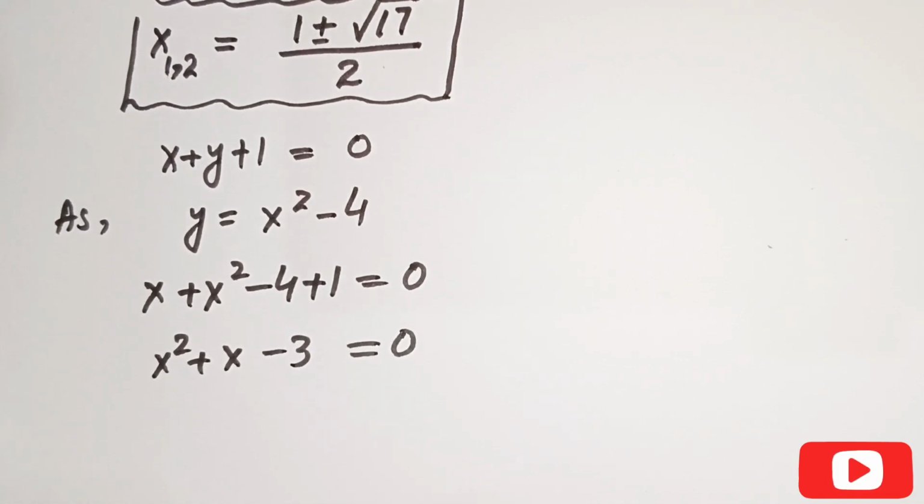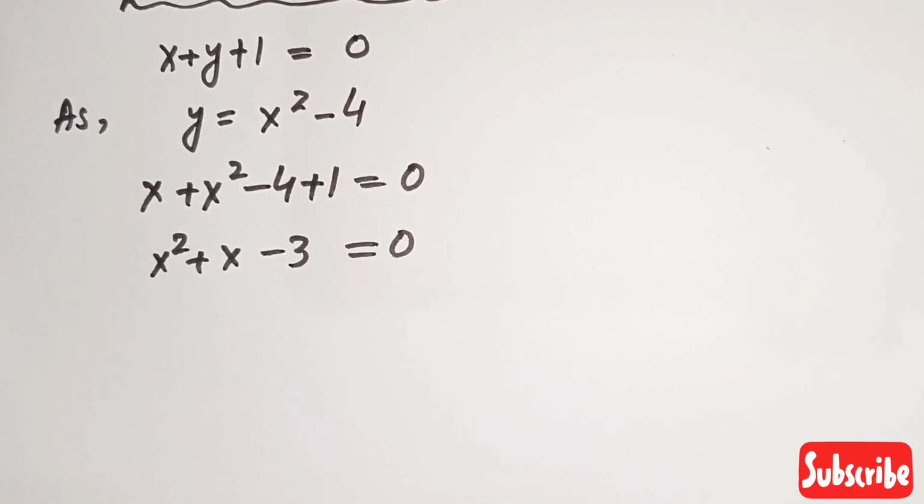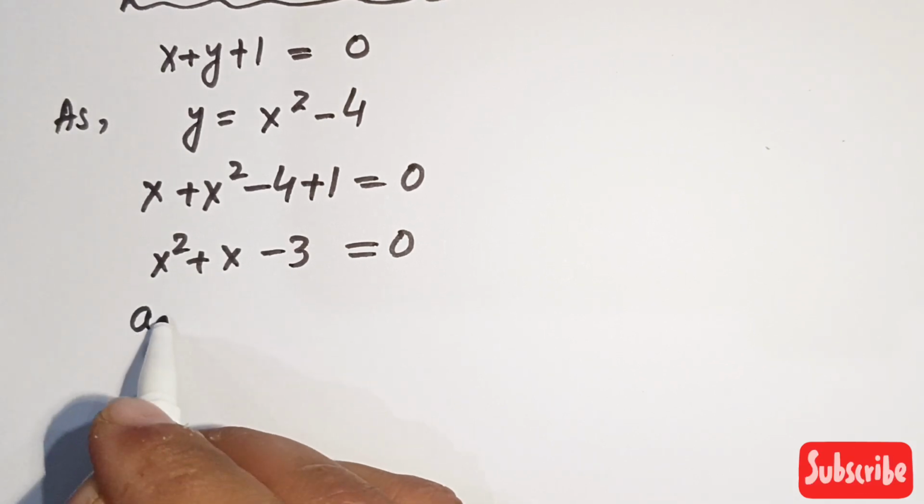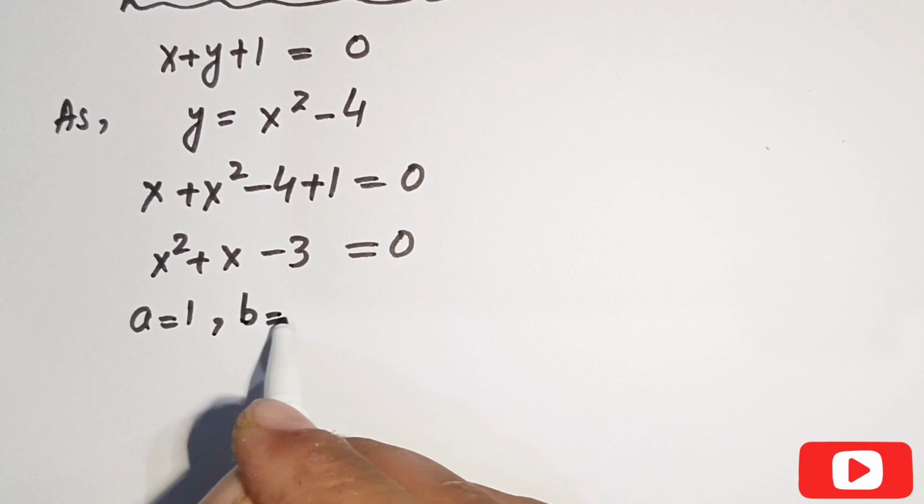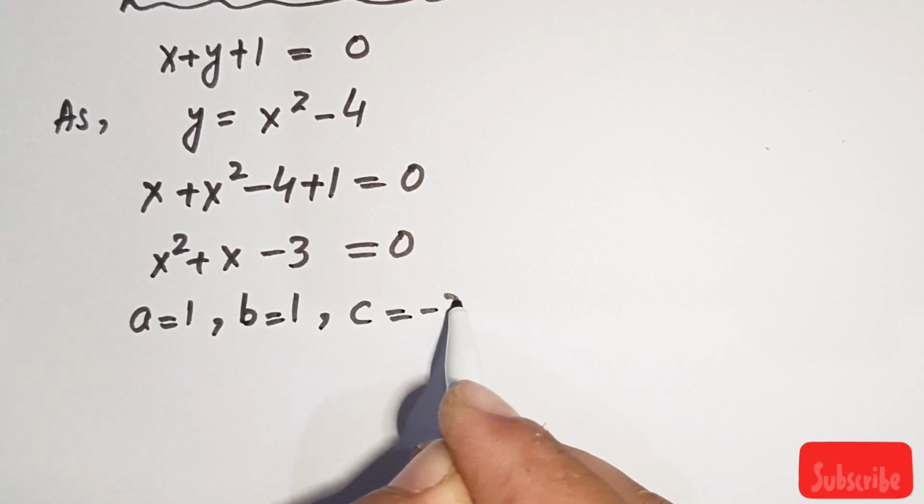Now using the quadratic formula again, for this purpose a is 1, b is 1, and c is −3.